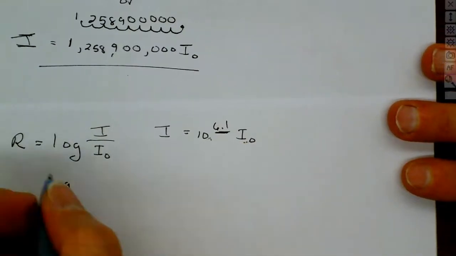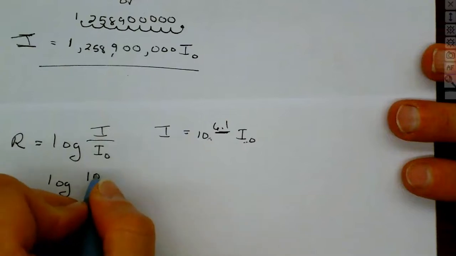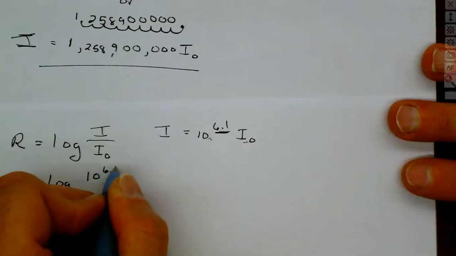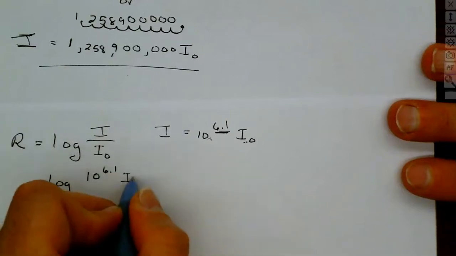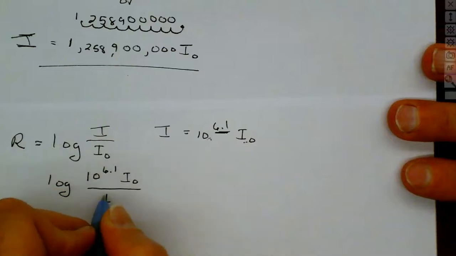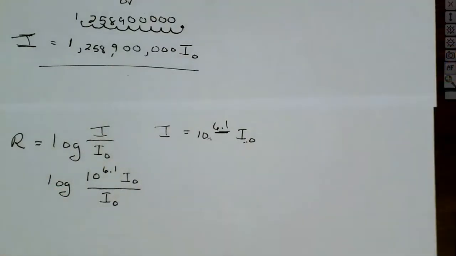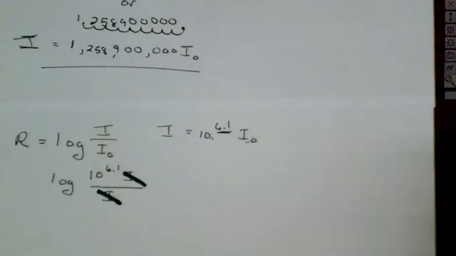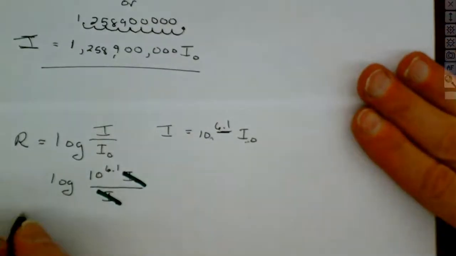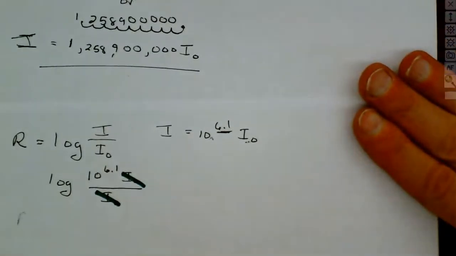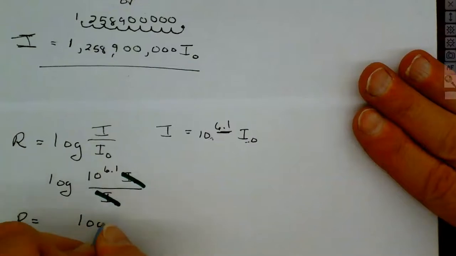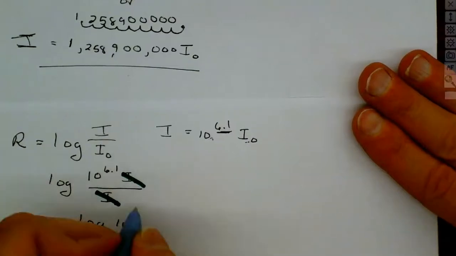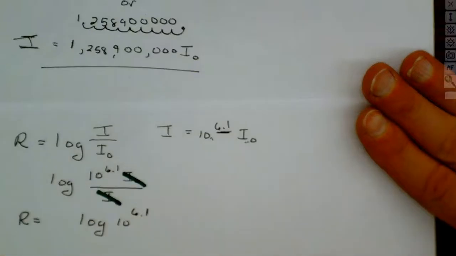So now we can write up our formula, and we're going to see what can cancel here. If I write up my formula, what's going to happen to the I naughts? Yep, one's on top, one's on the bottom, so those can cancel out. Now we've got our R, and that's log of 10 to the 6.1 power.